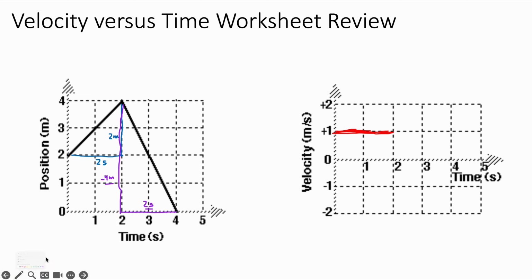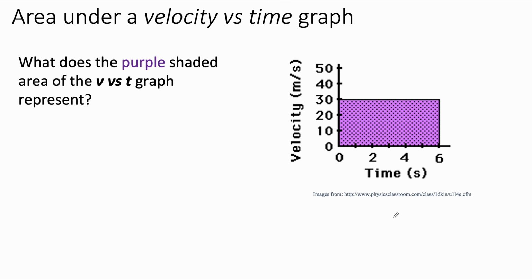So during this next interval between 2 and 4 seconds, we need our velocity to be -2 meters per second, which is all the way down here. Again, this is between 2 and 4 seconds. We don't know what's happening next. If you want to, you can do a little dotted line that connects these two just to make it look a little prettier. But again, the dotted line is optional. Good. I hope it feels pretty good about doing that.